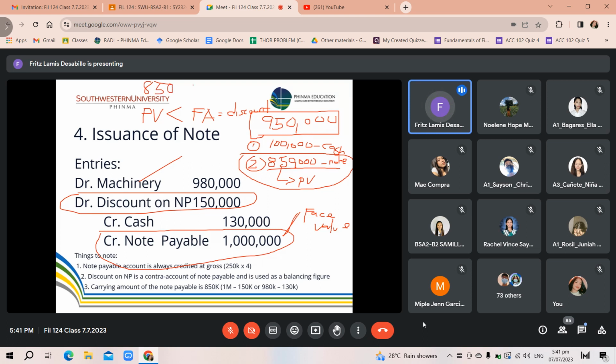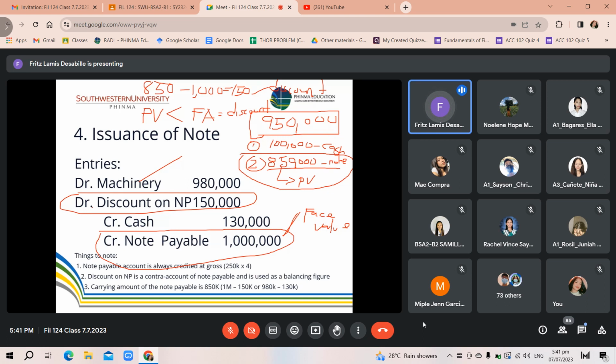Our face amount is 1 million. And this would result in a difference of 150,000. And this 150,000 is what we call a discount on note payable. So this is why there is a debit of discount on note payable, because as I mentioned yesterday, discount on note payable is what we call a contra account.